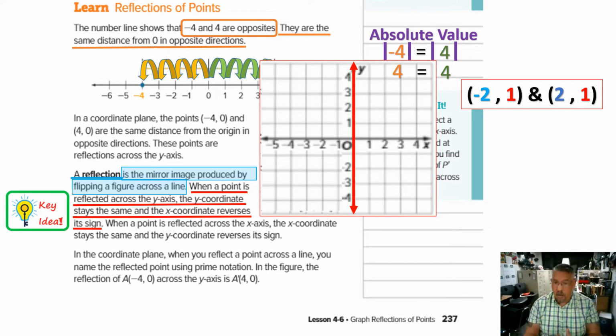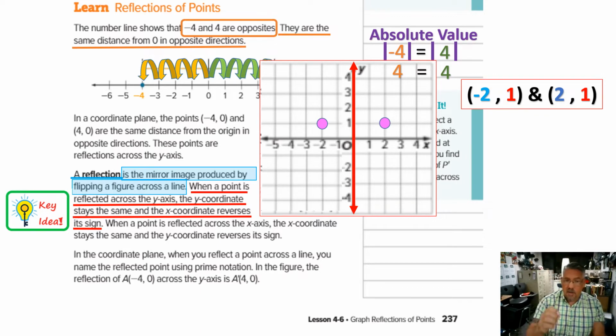So if I plot these, then I would have to go and run backwards 2 and then jump up 1. So I have -2, +1, and its reflection across the y-axis tells me I still have to jump up 1, but now I have to go forward 2. So when I go forward 2 to the +2, notice they are straight across from one another.